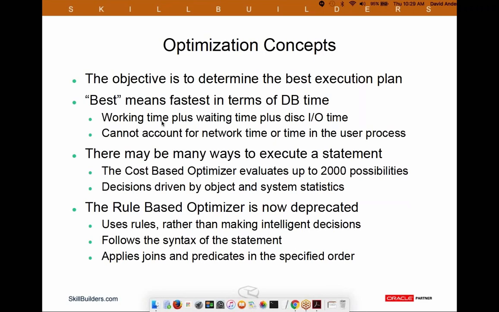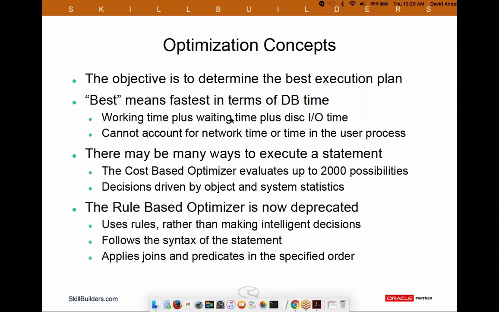Well, what is database time? Working plus waiting plus I/O. So let's back into that a little bit. So I/O we know is going to take some time, right? Especially physical I/O. But even logical I/O requires latches, takes some time. We might have waiting. In fact, we'll always be having some amount of waiting for a disk I/O, waiting for a latch, waiting for a lock.